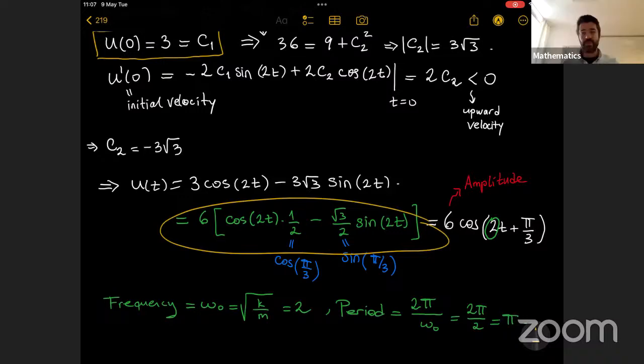Yeah, so in the simplification, we take 6 outside the parentheses because 6 is the amplitude, okay? So at the end, you're going to get something like 6 times cosine or 6 times sine of something. So 6 is the amplitude. And the rest is basically the cosine sum formula.